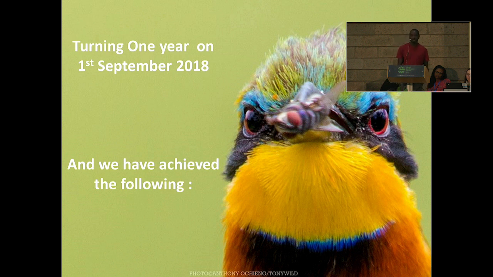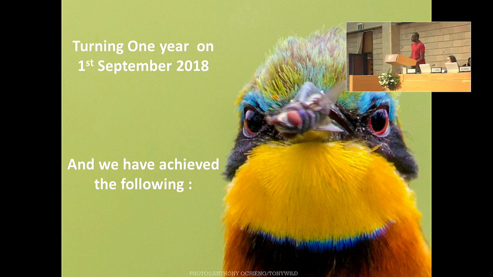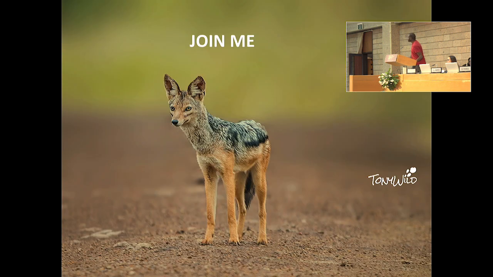And when I talk about the public, I mean people who are not necessarily within the landscape restoration fields or have no link in any way to working with land restoration, because it gives them a chance to understand what we actually do, and we can use them as an avenue of sourcing for funds. And you can join me in this effort.